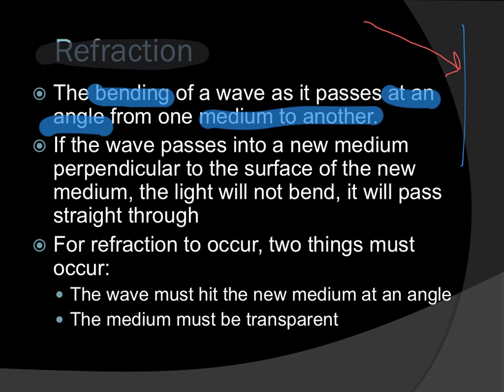It changes directions. Now that was a little bit sloppy. Let me see if I can fix that. There we go. Here we go. A bending. So there's a clear difference in those directions right there. Light changes direction when it goes to a new medium.